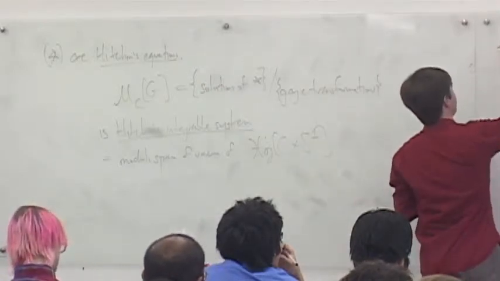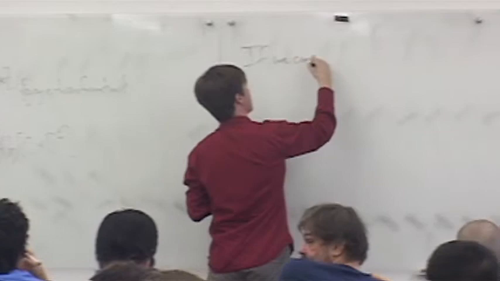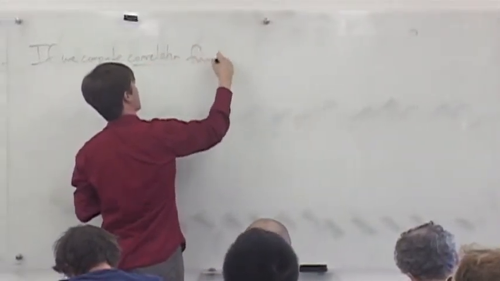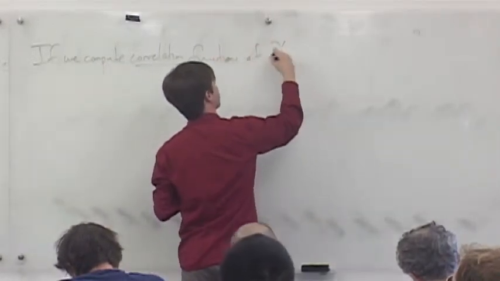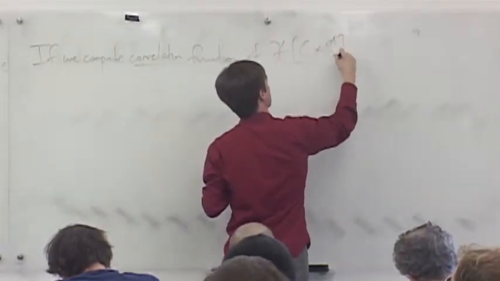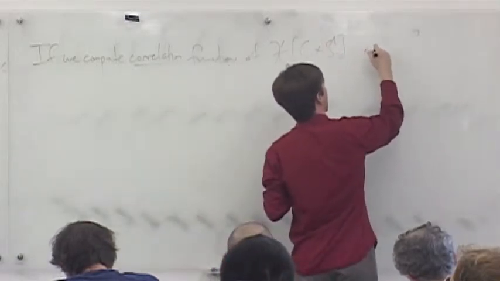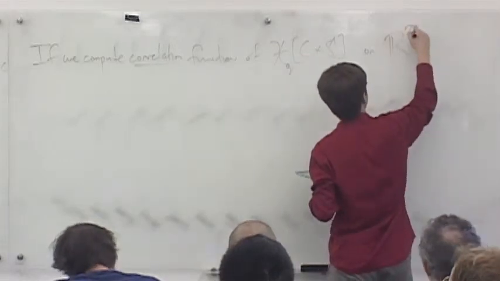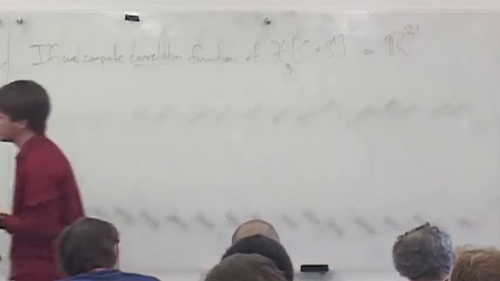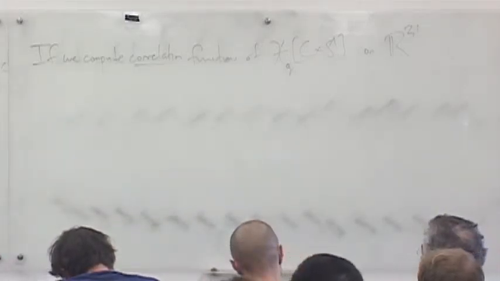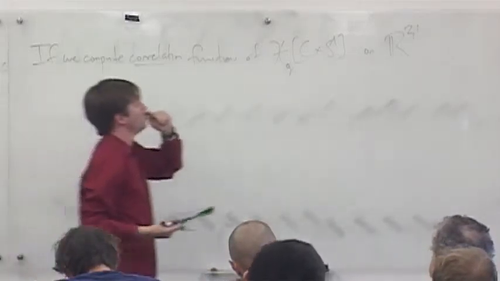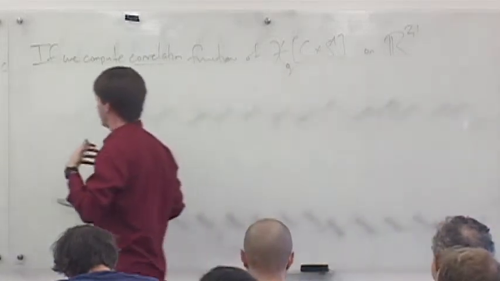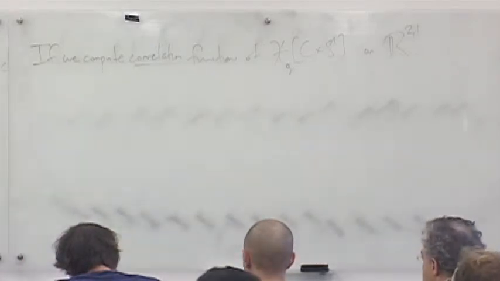If we compute, say, correlation functions of this theory on C cross S1, I have to tell you what to do with the remaining 3 directions, and suppose that I take the remaining 3 directions to just be R^{2,1}. Then the correlation functions are not going to be just numbers, but rather they're going to be functions on the moduli space of vacua.